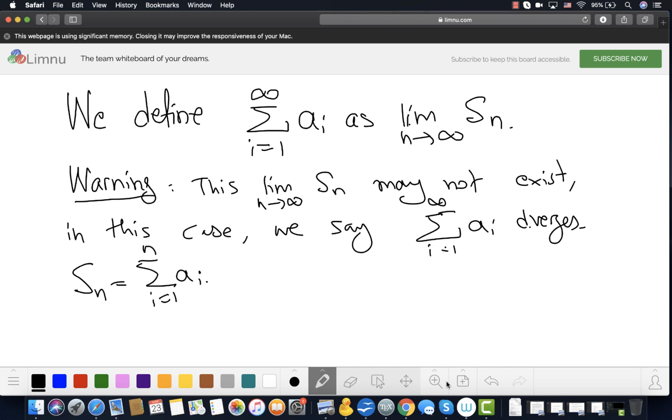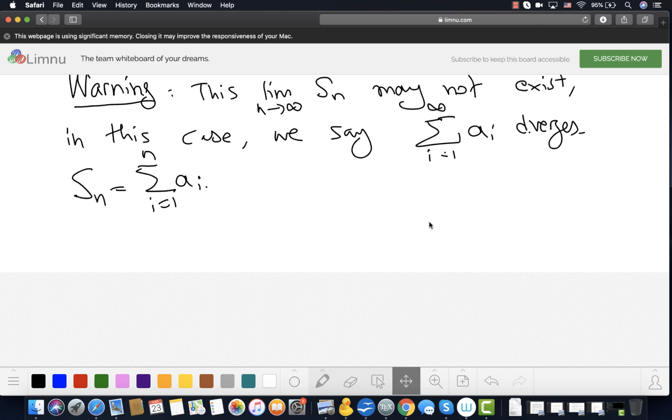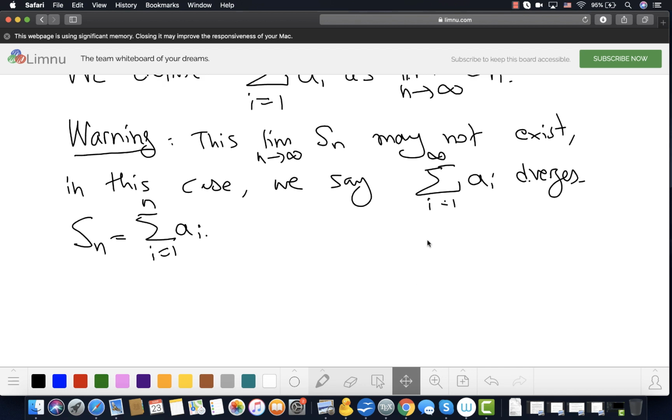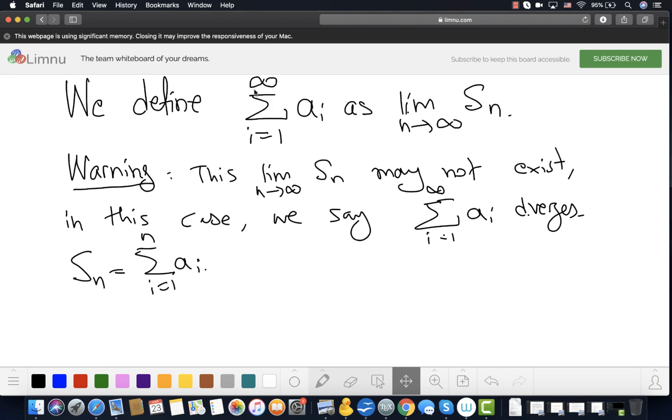So for example, S sub million is the sum of the first million terms. S sub trillion is the sum of the first trillion terms. As you let that number grow, in the limit, you will get what represents the sum of all the numbers.